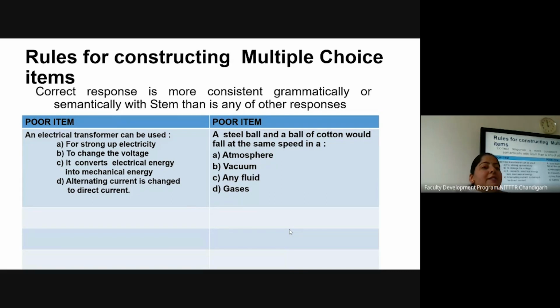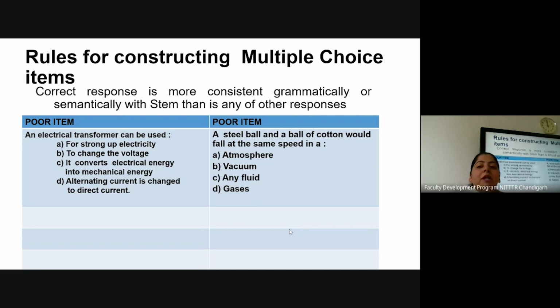So a student who has a command of English will directly reject this particular option, that is C. Then D, alternating current is changed into direct current. So grammatically and semantically, we need to check the item and the options given in the paper.